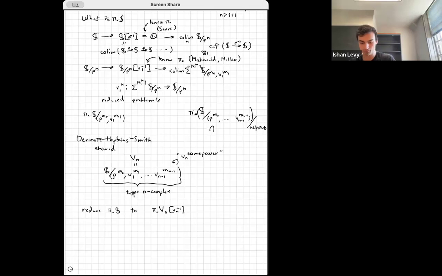then this is actually a subring of a polynomial ring on this vn. And maybe I'll just tell you the degree of vn. It's a self-map of degree 2p^n - 2.